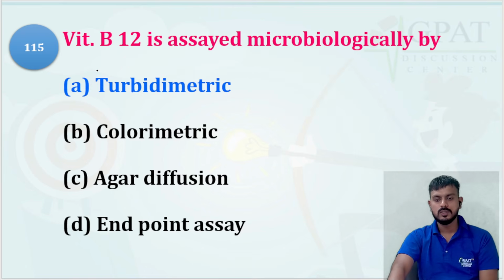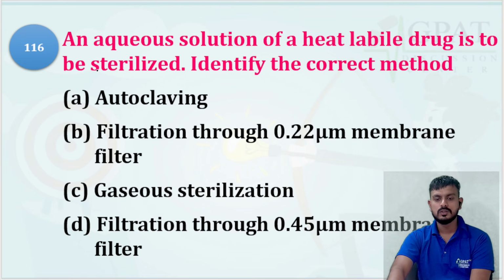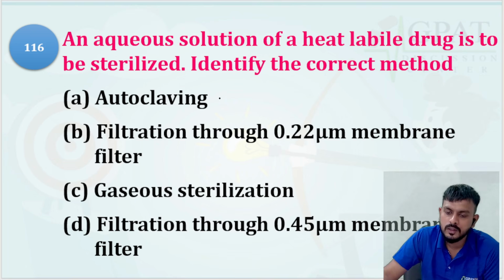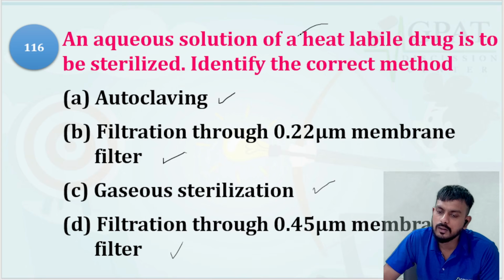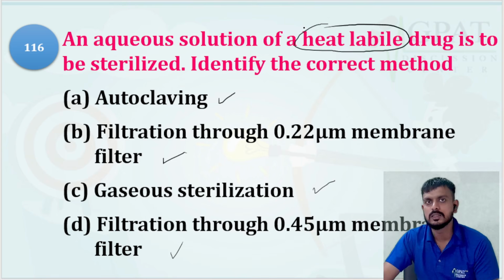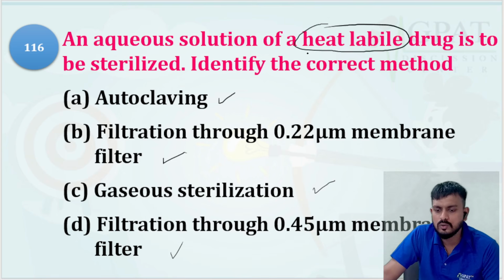Question number 116. An aqueous solution of a heat-labile drug is to be sterilized. Identify the correct method: by autoclaving, by filtration through a 0.22 micrometer membrane filter, gaseous sterilization, or filtration through a 0.45 micrometer membrane filter. The solution is heat labile, which means heat sensitive, so we cannot use autoclaving.